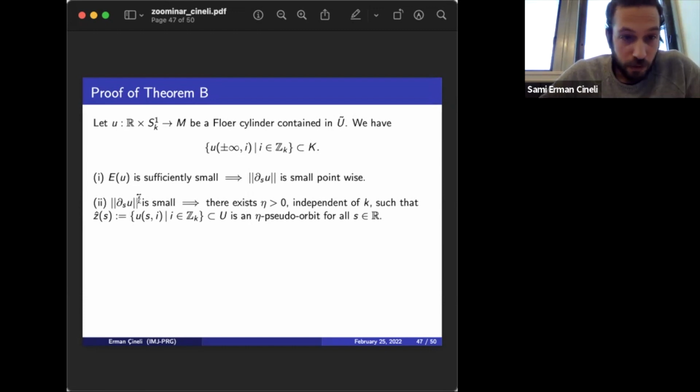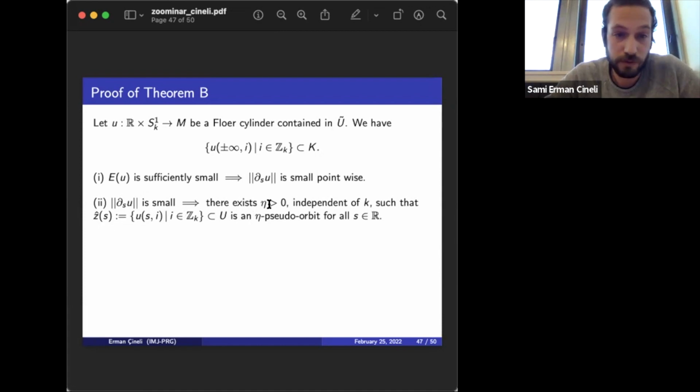If this is small, then using the Floer equation, one can show that there exists an eta, independent of K, such that the slices, by slice I mean we fix an R coordinate and look at the slice there, the integer points on the slices form an eta pseudo orbit for all s.